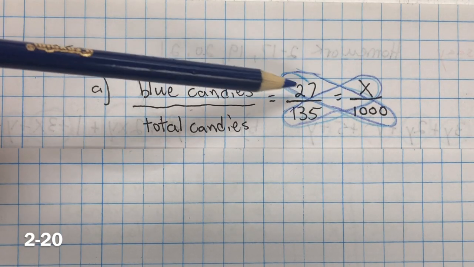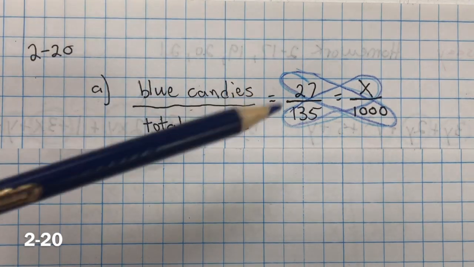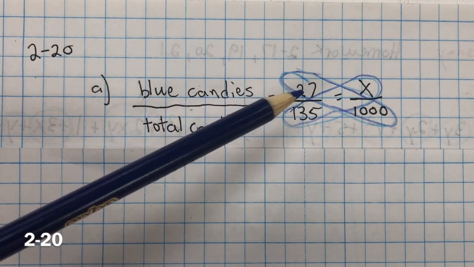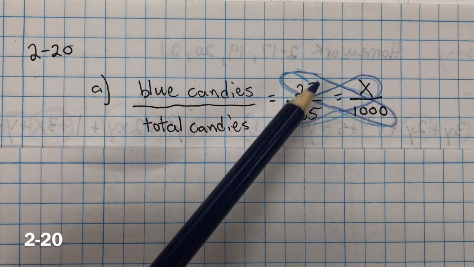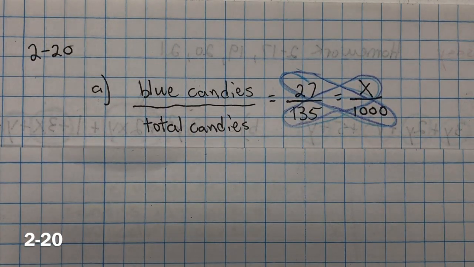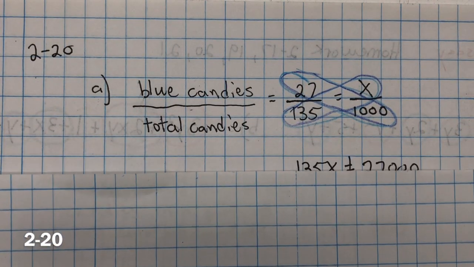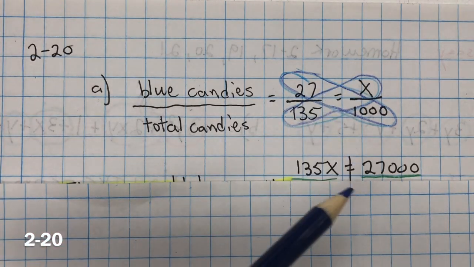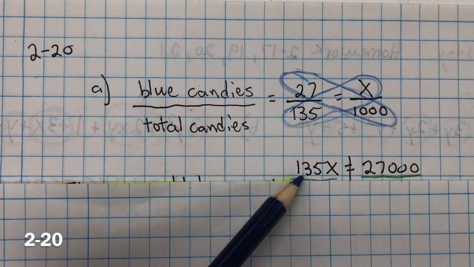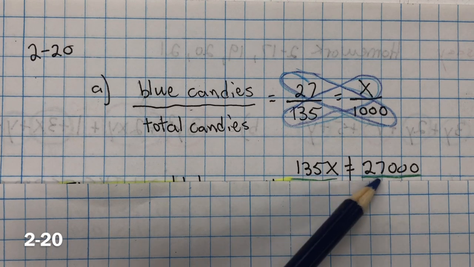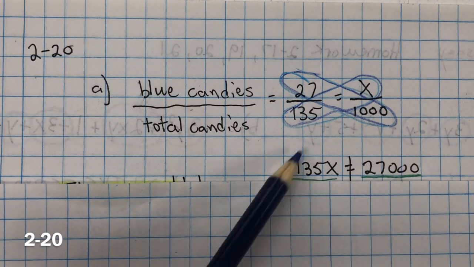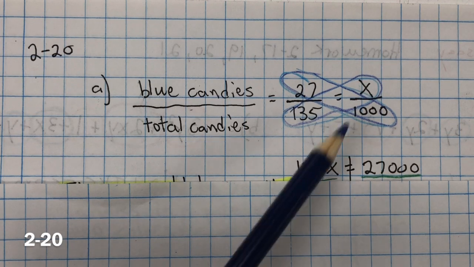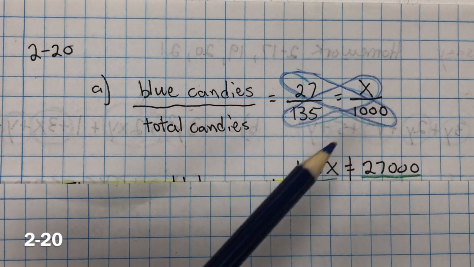So I set it up as a proportional relationship. And one way to solve proportional relationships is by cross-multiplying. So we have 27 multiplied by 1,000 and 135 multiplied by x. So we have 135x equals 27,000. Now we're going to solve for the variable x, find out how many blue candies there are.